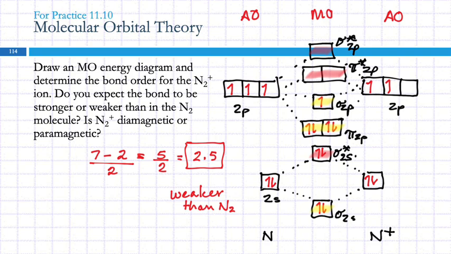We're looking at these electrons in the molecular orbitals. Are they all paired up? No, one of them is not. When they're all paired up 2 by 2 like Noah's Ark animals, that's diamagnetic. So here we have one that is not, and so this is paramagnetic. This will be attracted to a magnetic field.